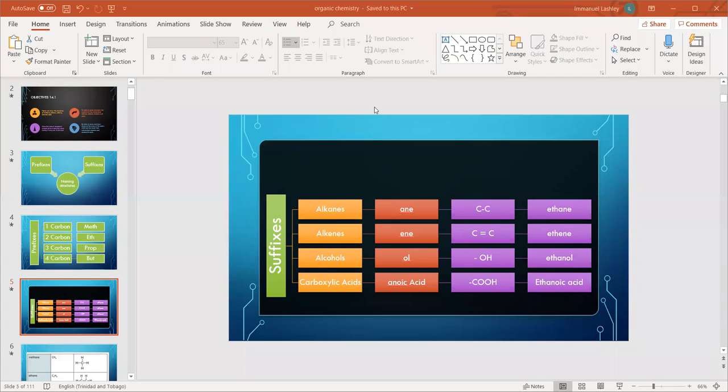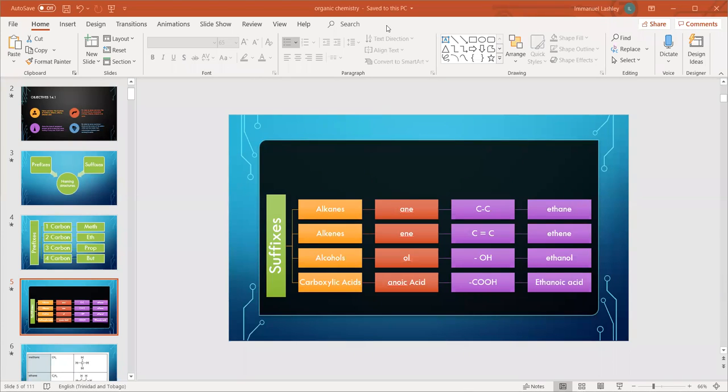Now the other three groups that we need to look at are alkenes, which have the suffix ENE. The alkenes end in ENE, alcohols end in OL, and carboxylic acids end in anoic acid. An example of an alkene is ethene.